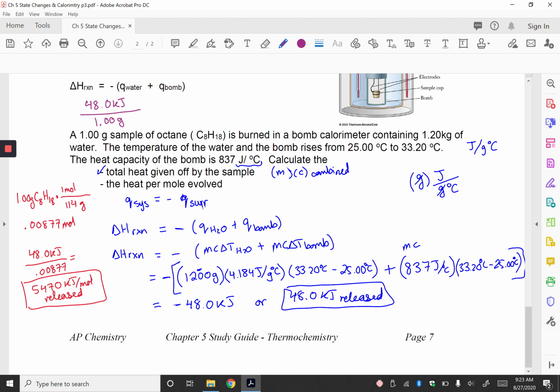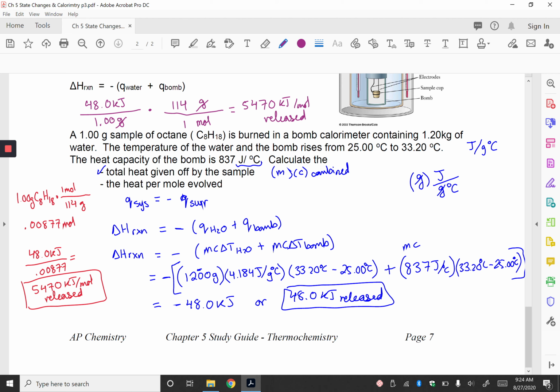I wanted to say kilojoules per mole. So what you could do, you want to get rid of the grams, so put it here. You want it to say kilojoules per mole, so you put the moles here. And you could say 1 mole of the octane is 114 grams. That way your grams cancel, you end up with kilojoules per mole. So either way, both ways you'll get 5,470 kilojoules per mole released.